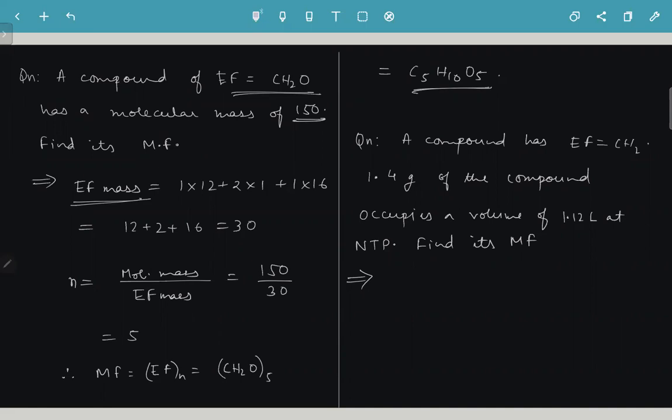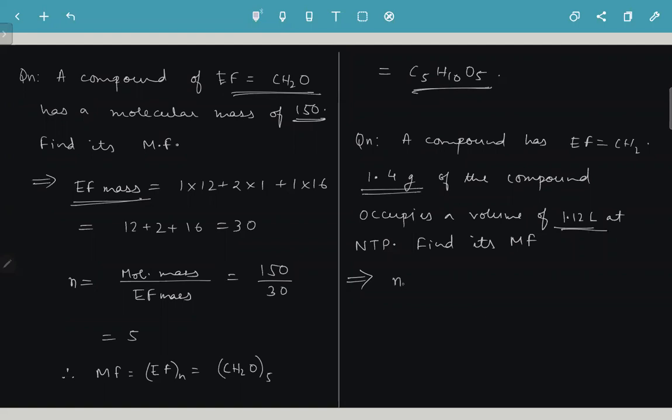C2H4 is correct. Look at how to do it. First we'll calculate the molecular mass with the help of this data. 1.4 gram occupies a volume of 1.12 liters.